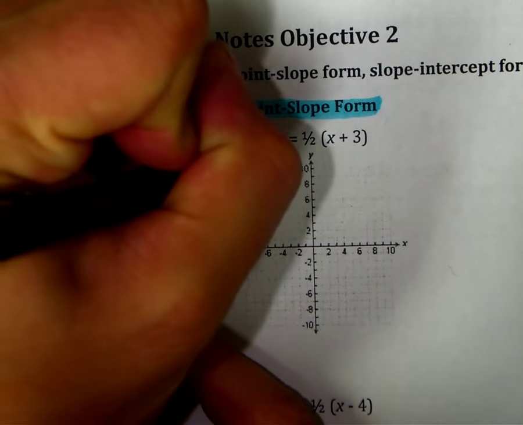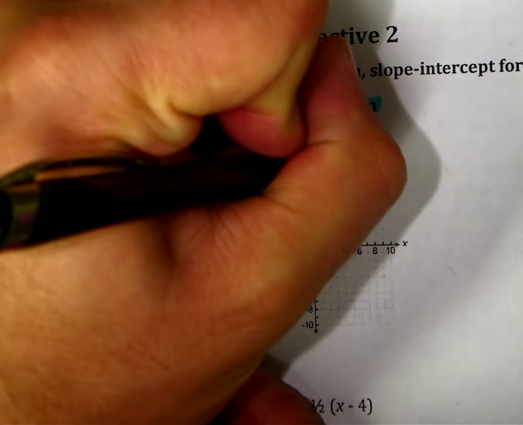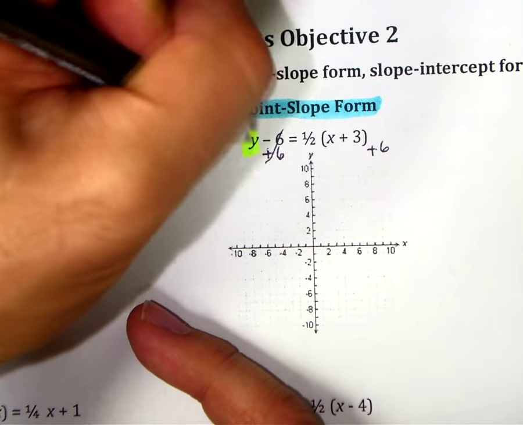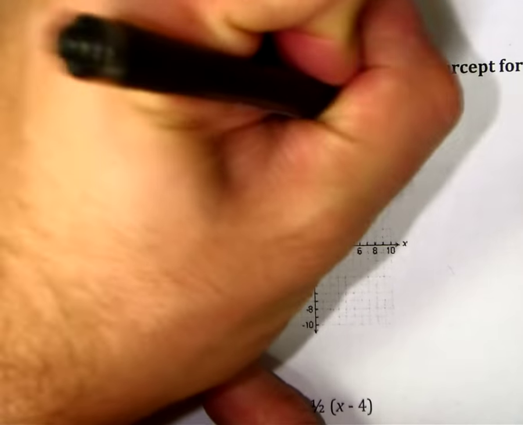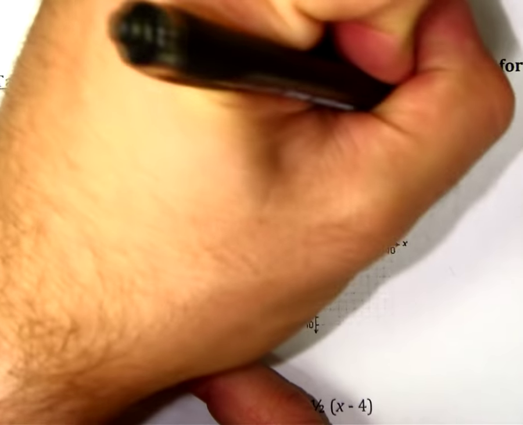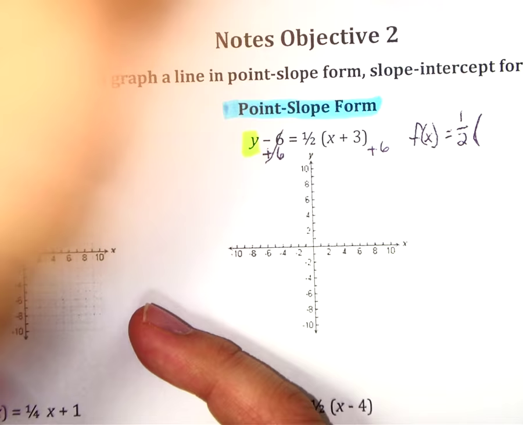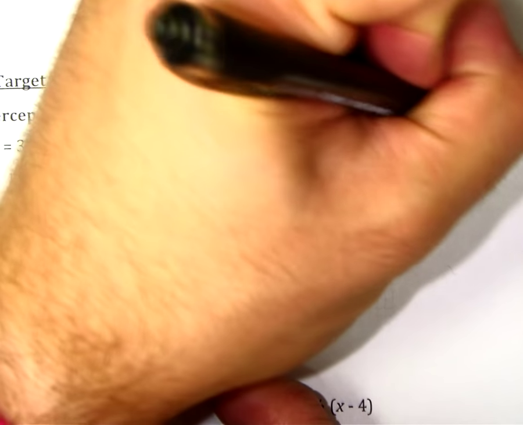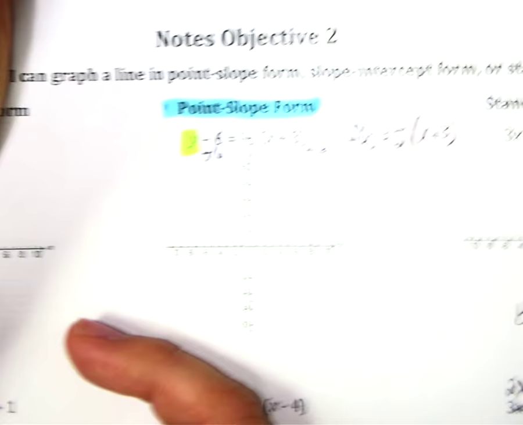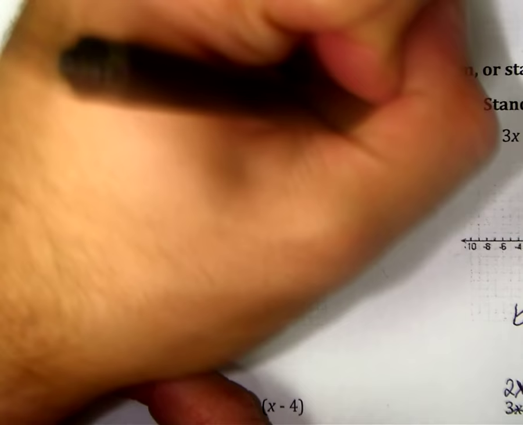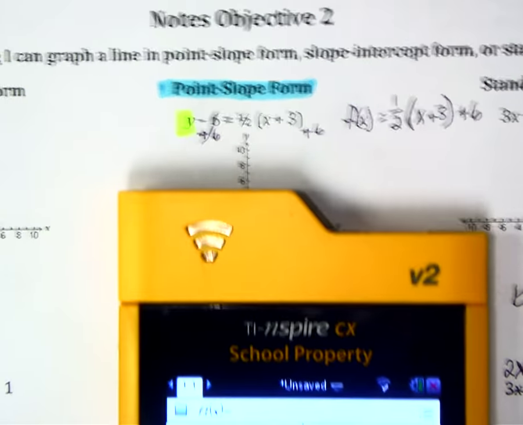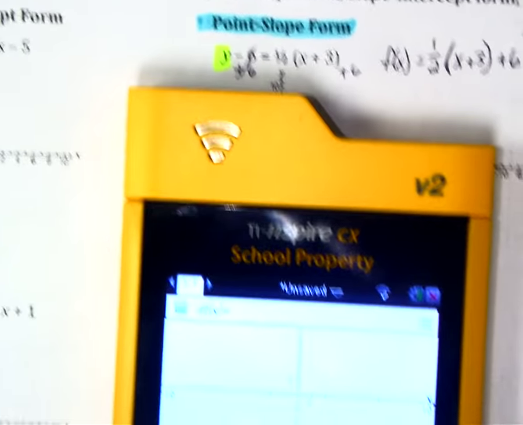If I add 6 here and add 6 here, these will cancel out, and I will be left with, I'm going to change the y to an f of x so that I know I can put it into the function, f of x equals 1/2 parentheses x plus 3, close parentheses, plus 6.